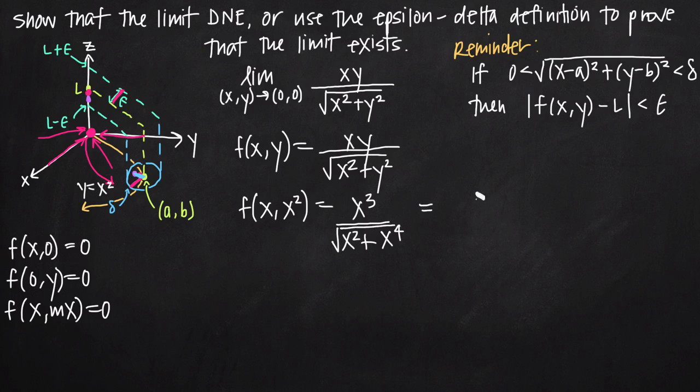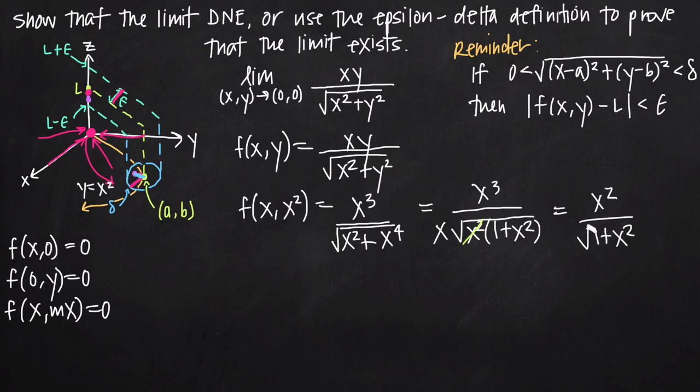Now underneath our square root sign, we can factor out an x squared, so we get the square root of x squared times 1 plus x squared. When we pull out the x squared, the square root of x squared is just x, so we pull it out in front, and when we cancel an x from the numerator and denominator, we're just left with x squared divided by the square root of 1 plus x squared.